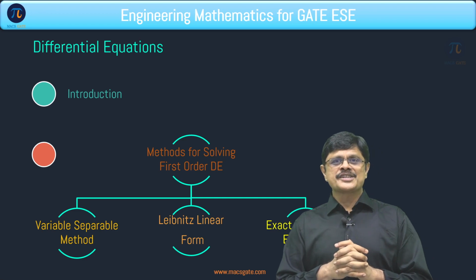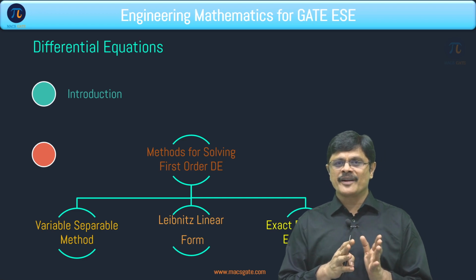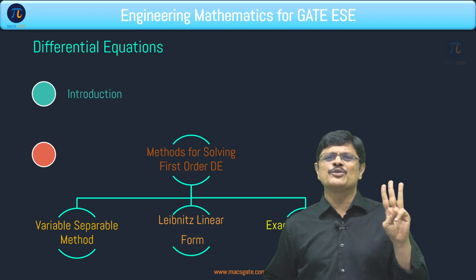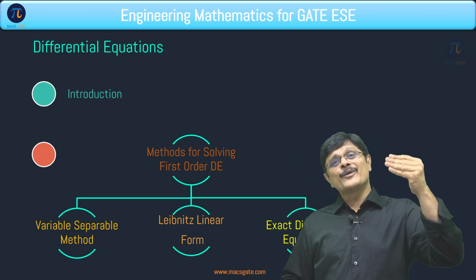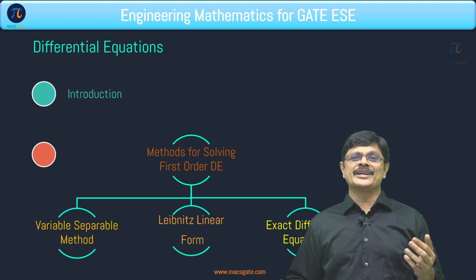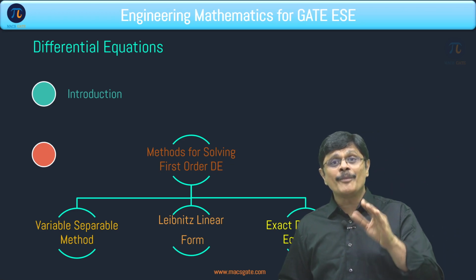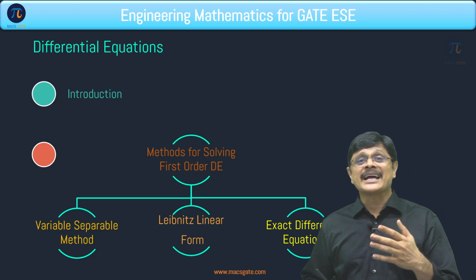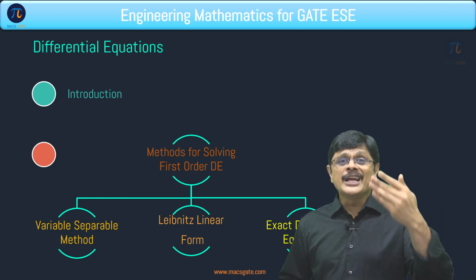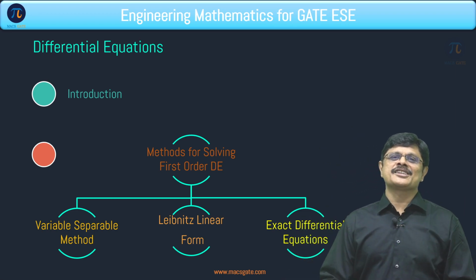Under first order differential equation, the methods for solving, we mainly classify them into three parts. Okay. One is variable separable method or equations reducible to variable separable method. Second one is Leibniz linear form or equations reducible to Leibniz linear form. The third one is exact differential equations or equations reducible to exact differential equation.